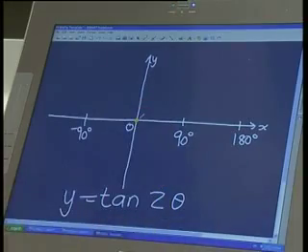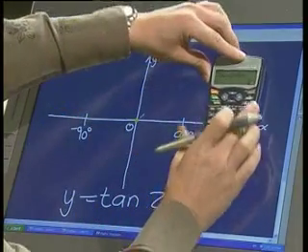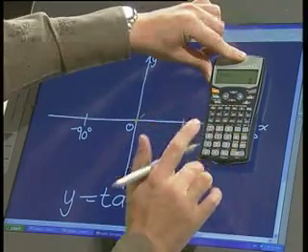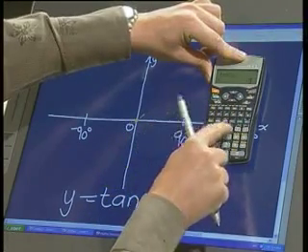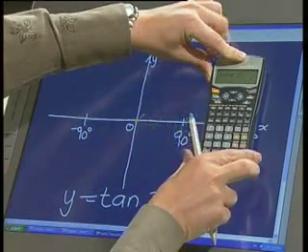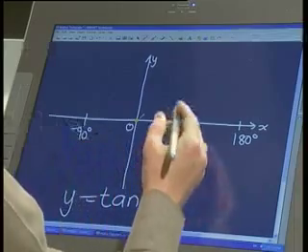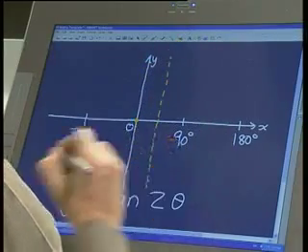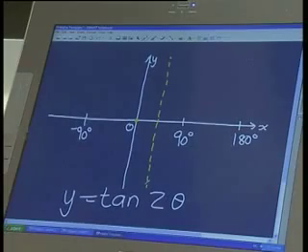If I now take 45 and I plot the point for 45, I'm going to go tan, open bracket, 2 times 45, close bracket, equals. I get an error in line with 45, which means I now have an asymptote in line with 45.